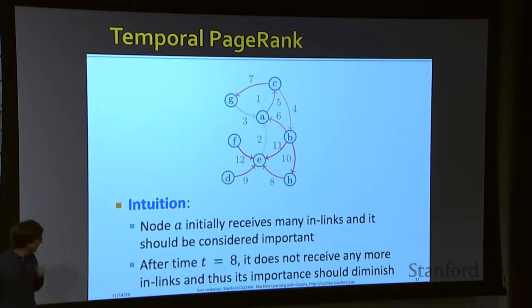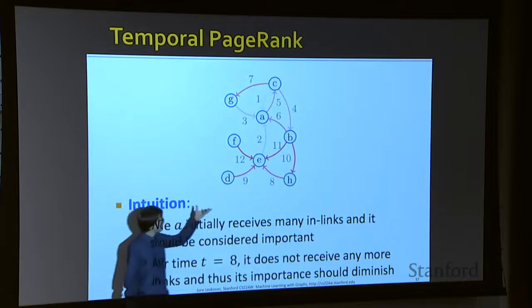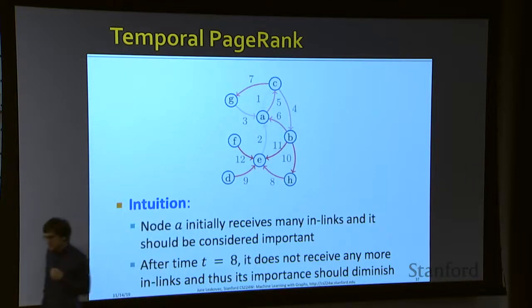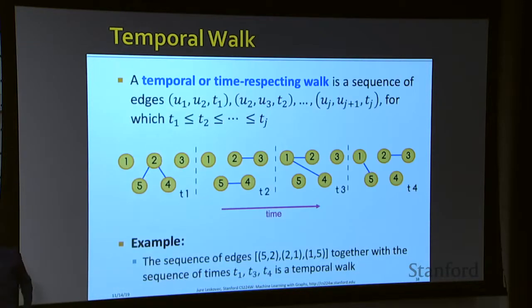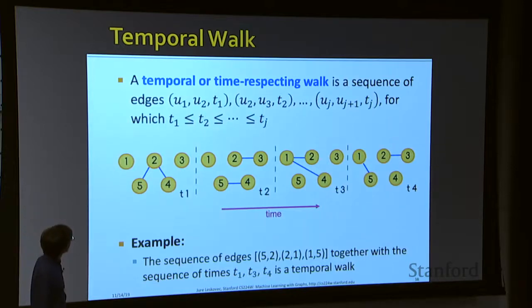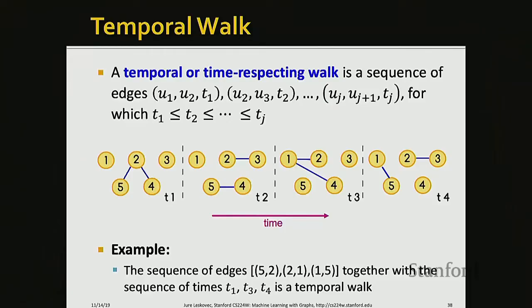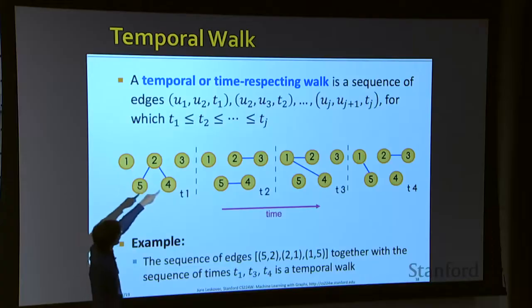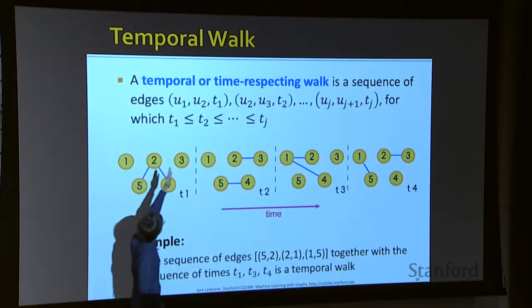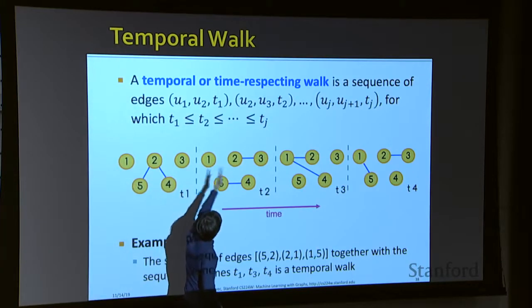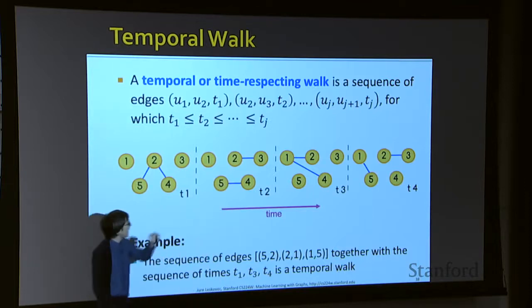So with this, let's see if we can generalize PageRank to this setting. Okay, so now, as I was saying before, we had a notion of a path. Now let's define a notion of a walk. A temporal walk is a sequence of edges such that the times, again, when we traverse the edges are time obeying.